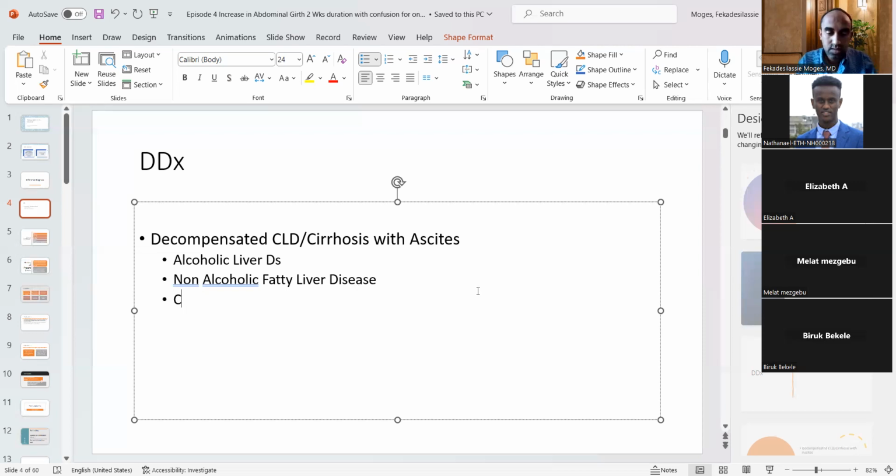Hepatitis B. Chronic viral hepatitis. So most importantly, hepatitis B virus and what? Hepatitis C. Yes, hepatitis B, hepatitis C.